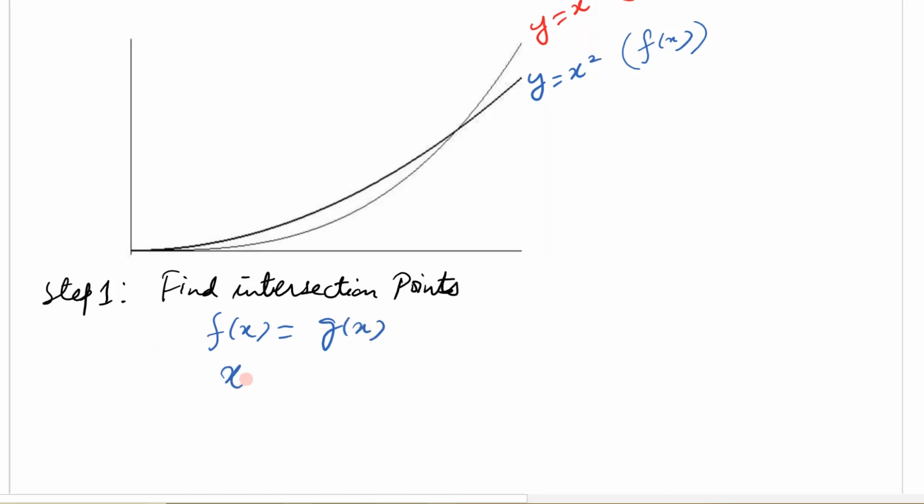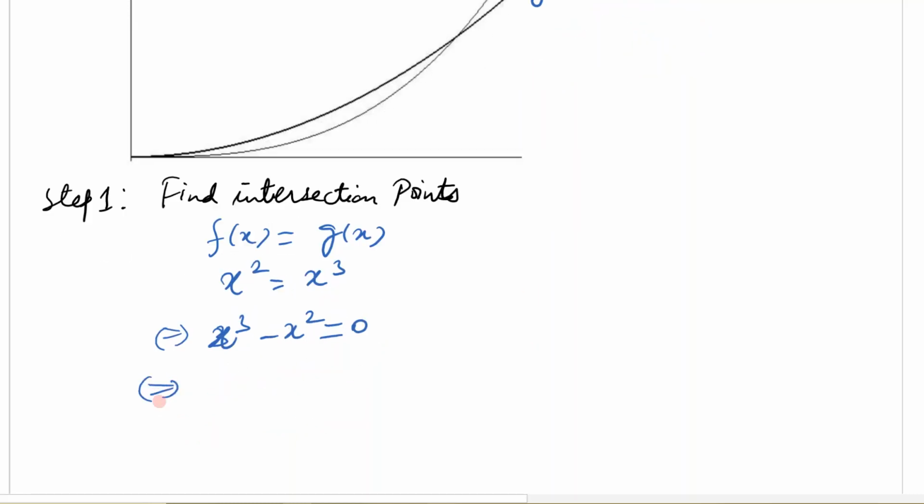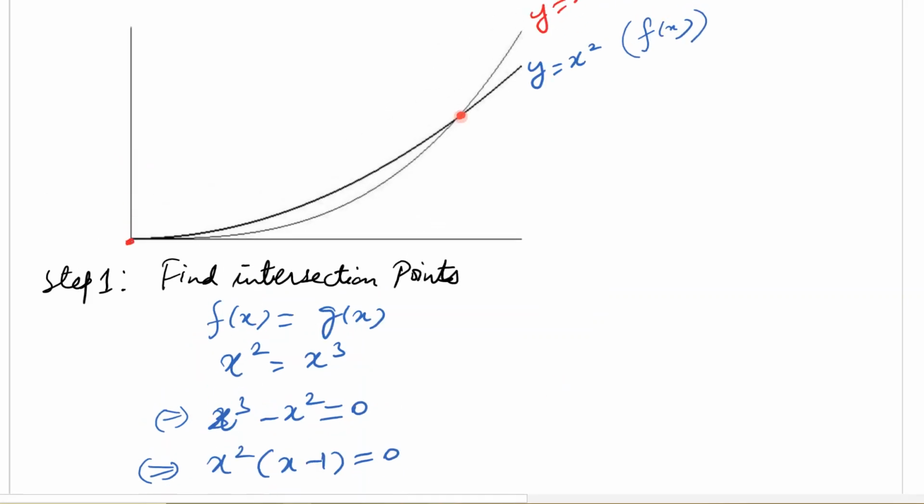It means x cube and x square are equal. From here we get x cube minus x square equals 0, which means x square times x minus 1 equals 0. So either x is 0 or x equals 1. So there are 2 points of intersection: one is here and another one is when x equals 1.